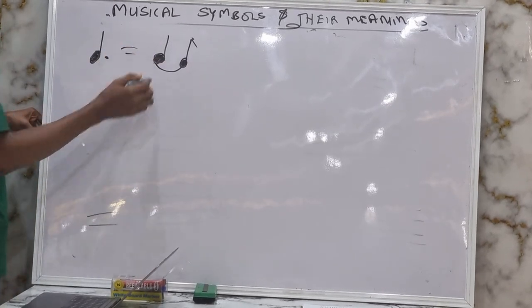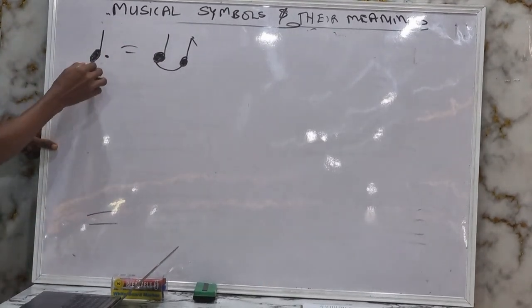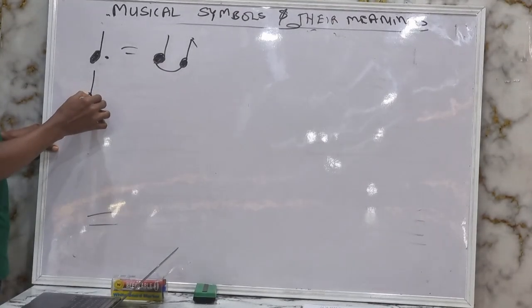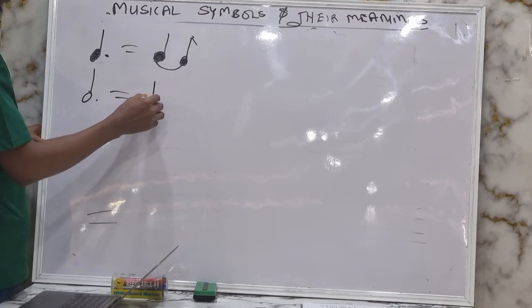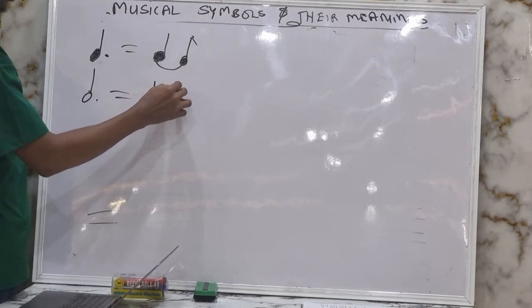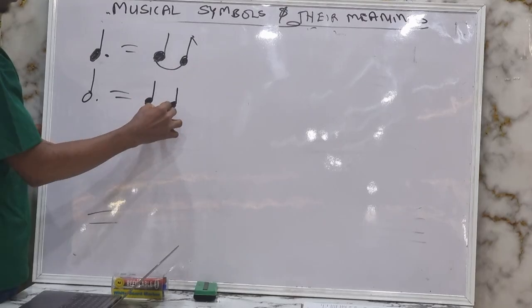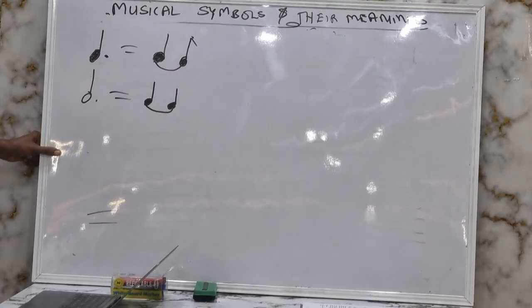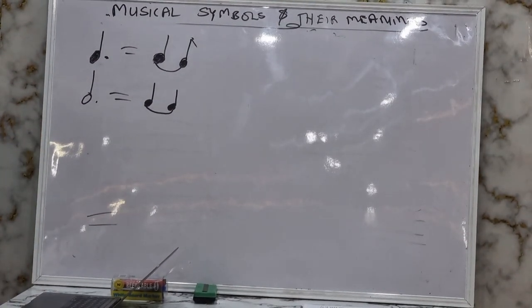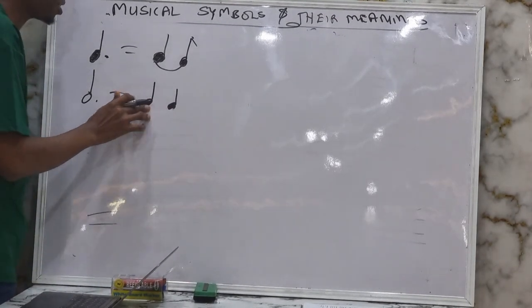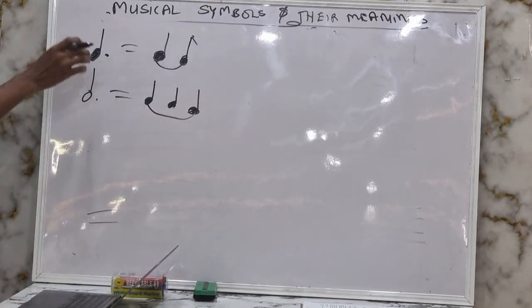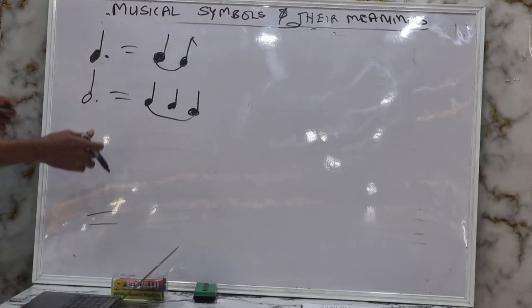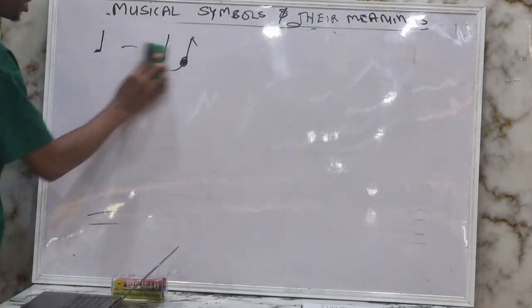Am I correct? Yes. Am I correct? No. What is missing? One more. Thank you very much. I did that on purpose. I just want to be sure that we are following. One more. But this is twice of this, so it misses plus another one. So that is why we have that. Okay?